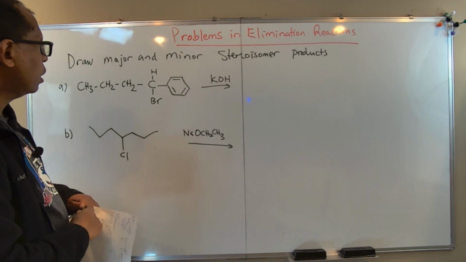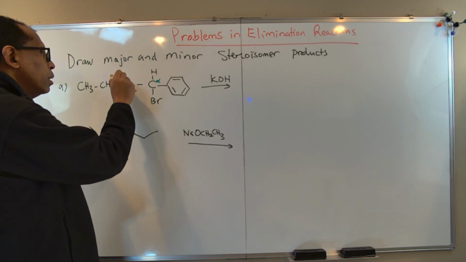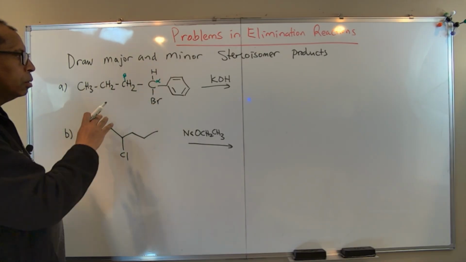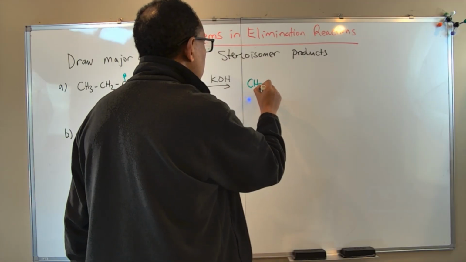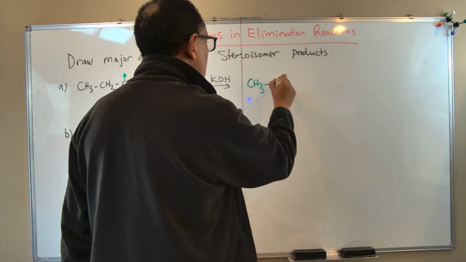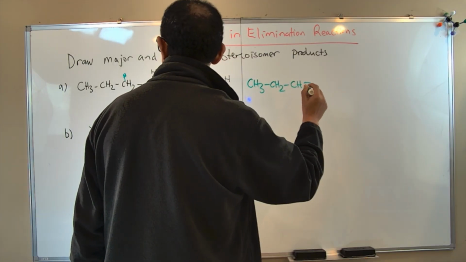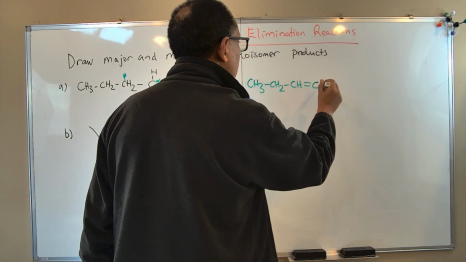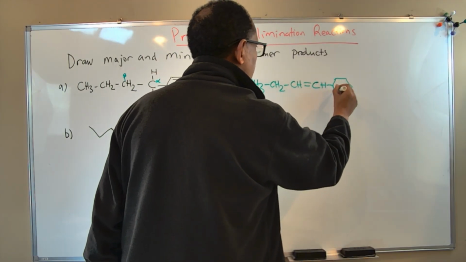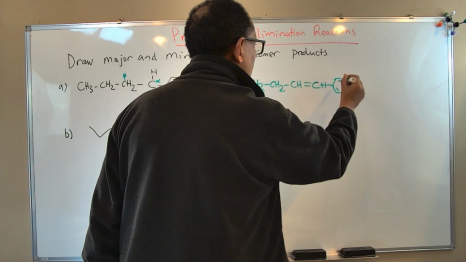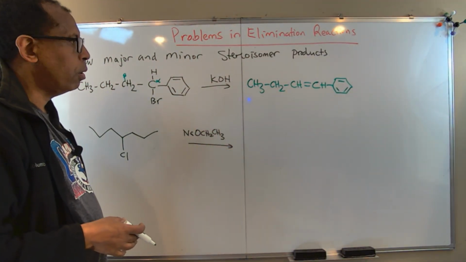So in this case, you have an alpha carbon, and here you have a beta carbon. So this would give you a product which looks like CH3, CH2, CH double bond CH and a phenyl group. Now, we haven't drawn this in a stereoisomeric form.